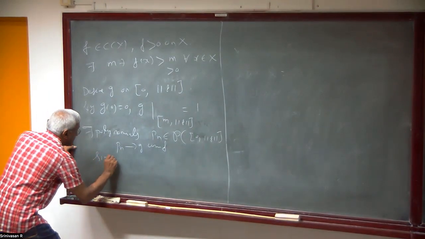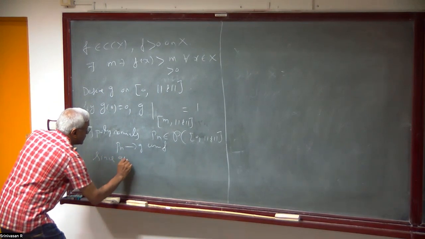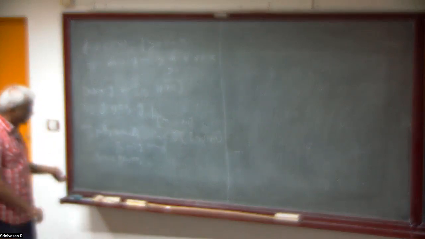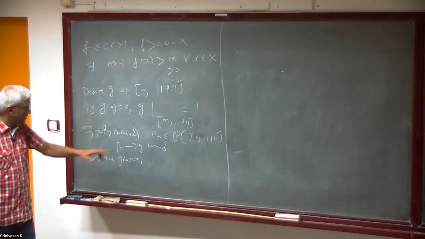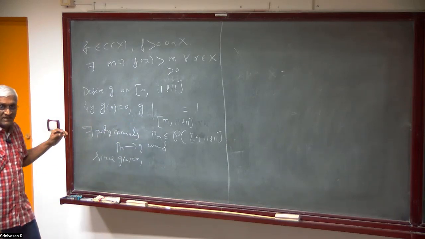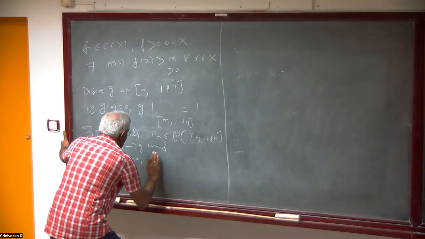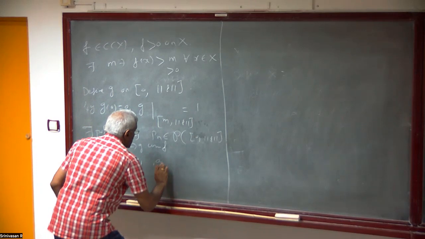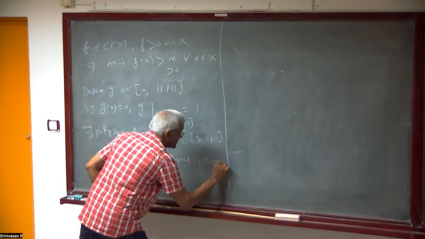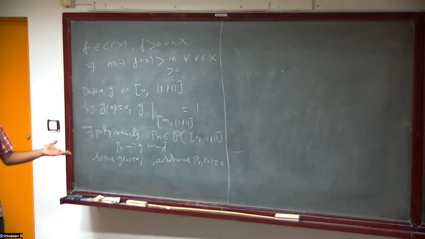Since g of 0 equal to 0, you can subtract Pn of 0. Pn minus Pn of 0 will converge to g minus g of 0, which is g. So we can assume Pn of 0 equal to 0. That is, it does not have any constant term. Any doubt? No problem. So this polynomial does not have any constant terms.